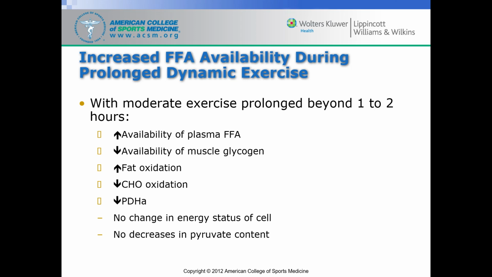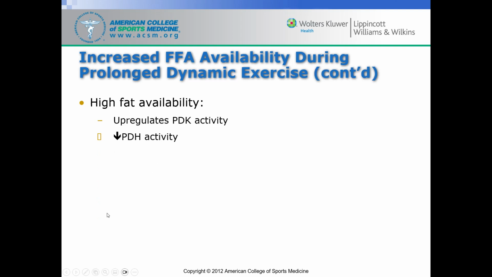Since you're relying more on fat, you don't have to increase or decrease the pyruvate. So increased free fatty acid availability during prolonged exercise: you have high fat availability because you've stimulated lipolysis. That upregulates PDK activity and inhibits PDH activity via phosphorylation.